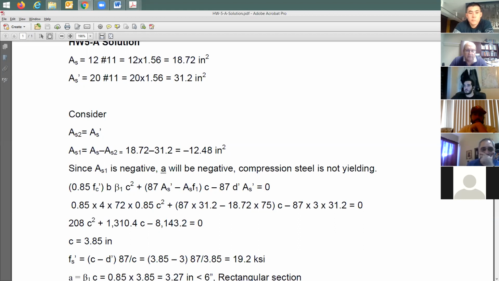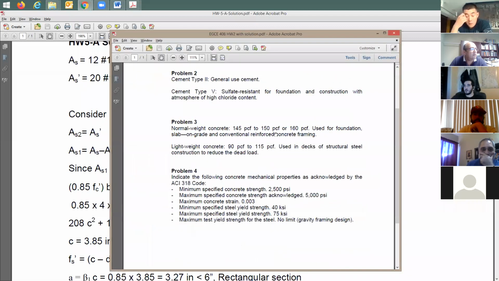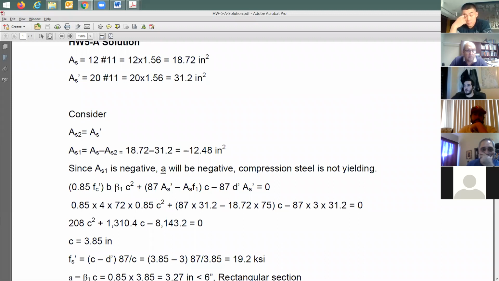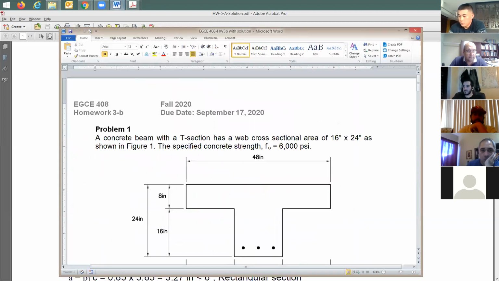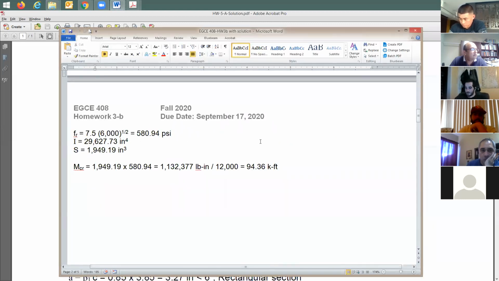I see your solution to 2. Also set 4. Where are the posted solutions located?